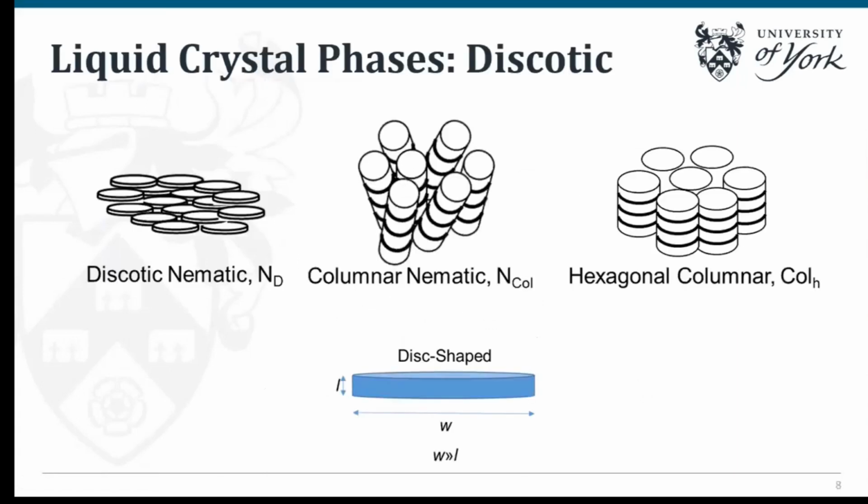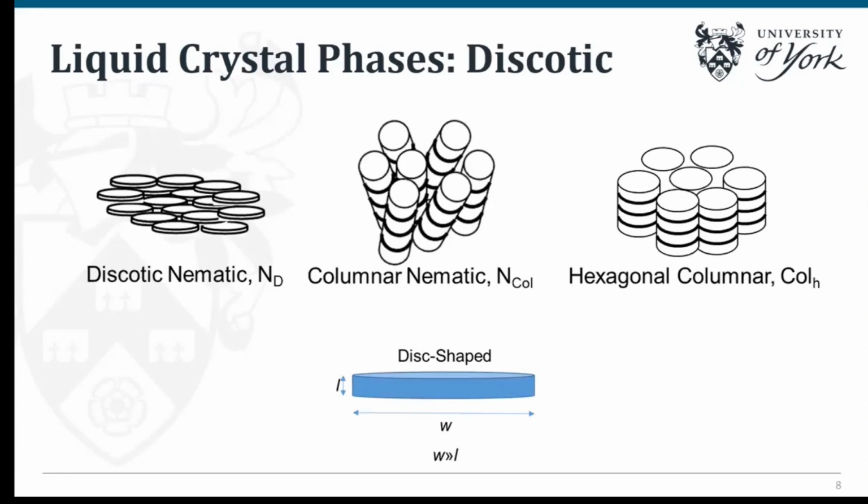Dish-shaped molecules are more formally called discotic molecules and form their own set of phases. The most simple of which is the discotic nematic phase, which again has orientational order but no positional order. Compared to the calamitic nematic phase, the discotic nematic phase is actually rarely seen.